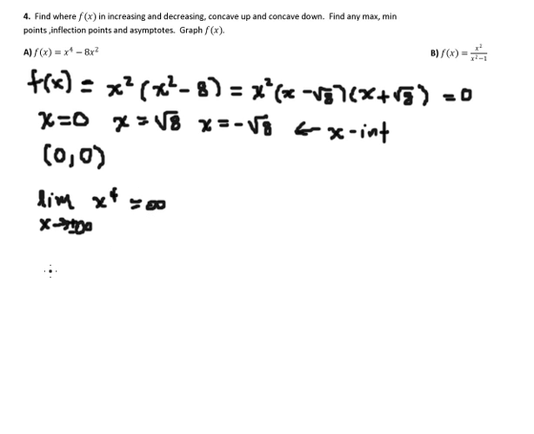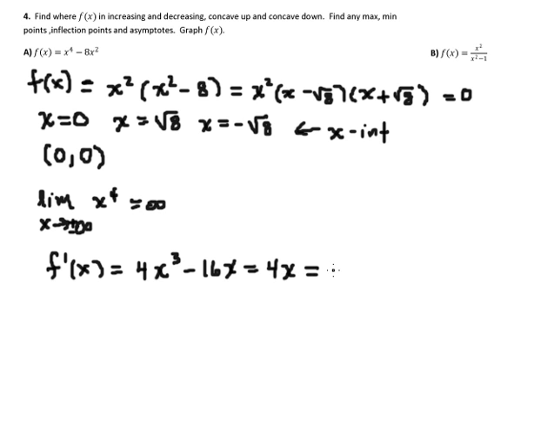Okay, now f prime of x, let's take the derivative. F prime of x is equal to, let's see, 4x cubed minus 16x. And let's factor out 4x.